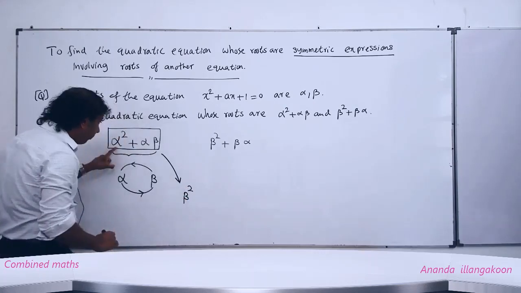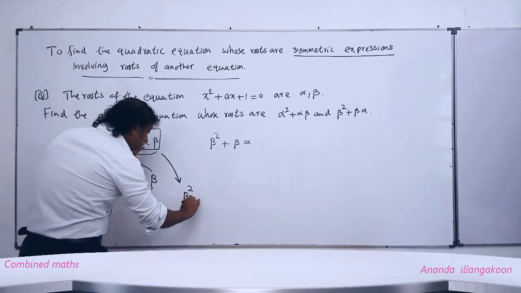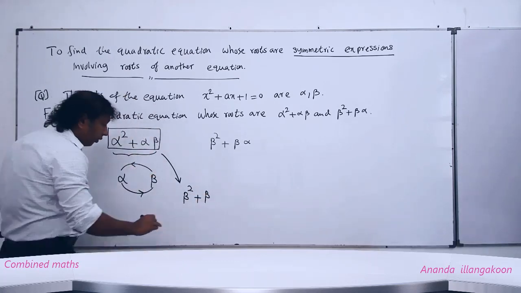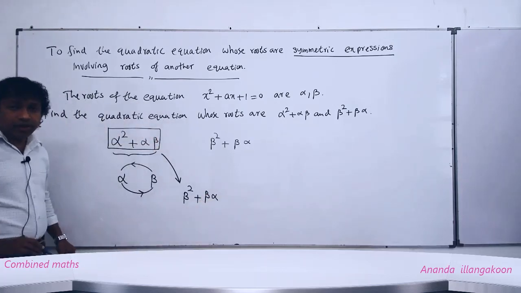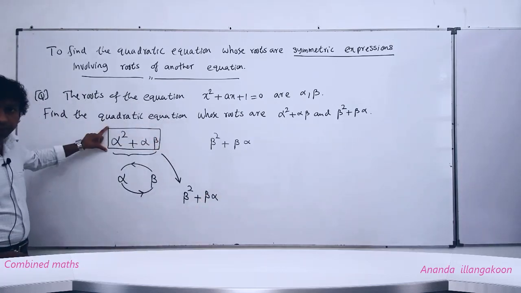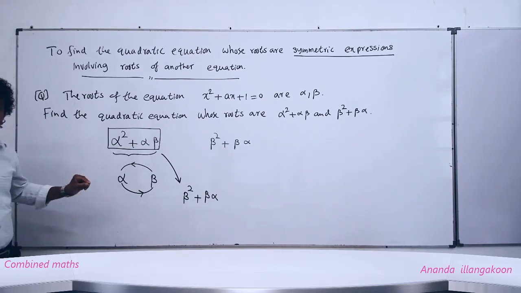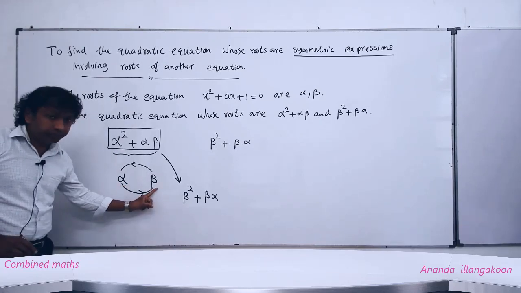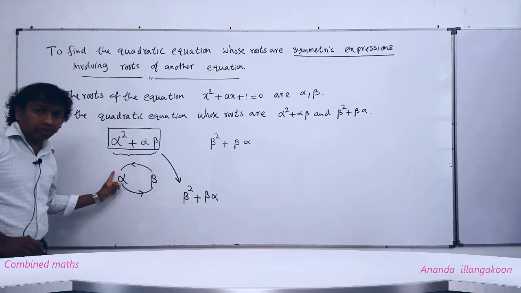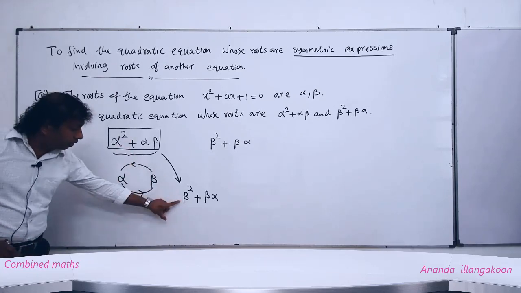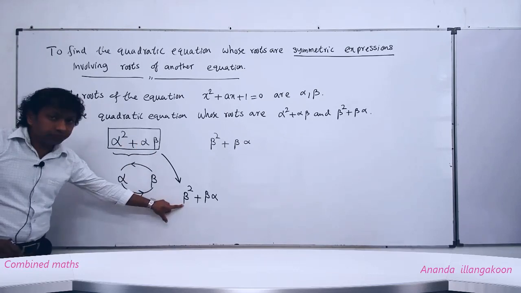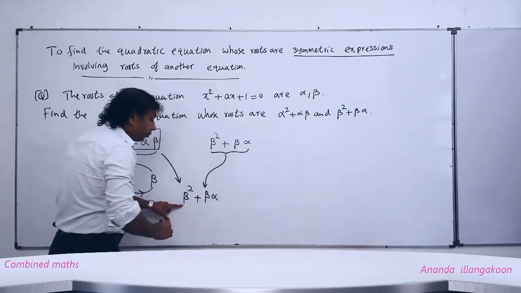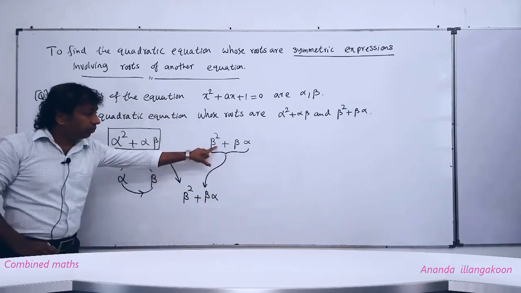Beta squared, plus alpha is now beta, beta is now alpha. Taking one root, I interchanged the two letters alpha and beta, and it converted to this. This resulting one is the other root.